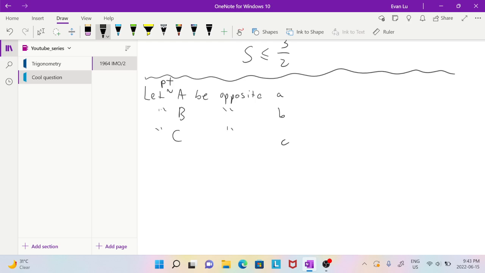This is just for safety. I don't think you really need to write this every time because it's pretty standard how to label ABC in a triangle. Okay, so we can say that. Note that cos A plus cos B plus cos C is less than or equal to 3/2.